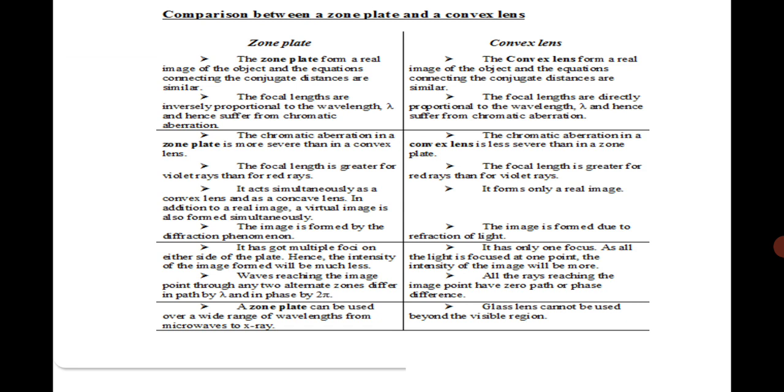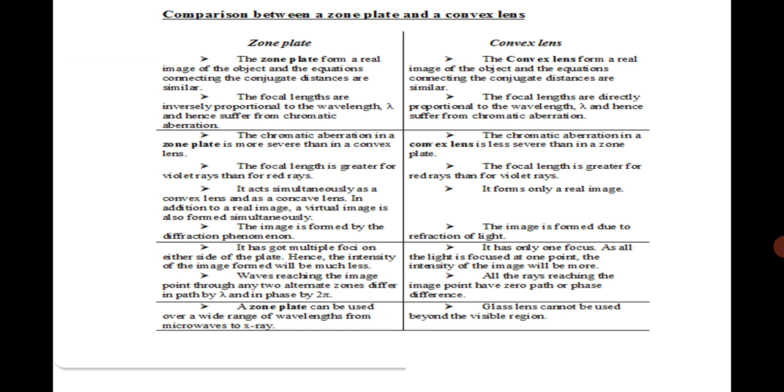Point 7: it has multiple foci on either side of the plate, hence the intensity of the image formed will be much less. Waves reaching the image point through any two alternate zones differ in path by lambda and in phase by 2π. Point 8: a zone plate can be used over a wide range of wavelengths from microwaves to X-rays.